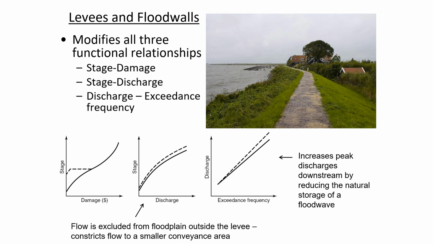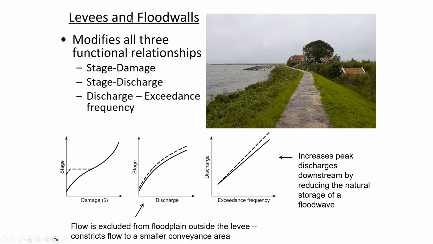For a certain return period, the flow rate associated with that return period, the dashed line, is after you've put in a flood wall. So is it better or worse? It's actually making the situation a little bit worse by building up a flood wall and a levee, because ordinarily, for a certain return period, the flow is moving more slowly through a channel.